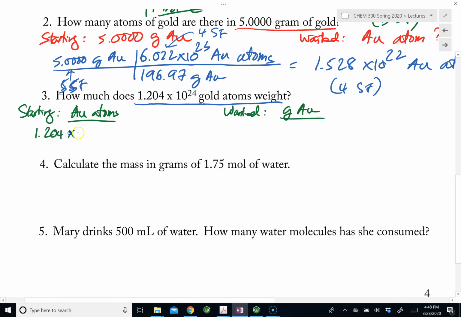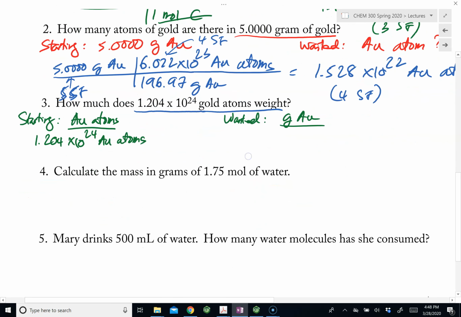So starting from 1.204 times 10 to the 24 gold atoms. And we then see that for every 1 mole of atom, there will be 6.022 times 10 to the 23rd gold atom in it. So therefore, we can write the following. 6.022 times 10 to the 23rd gold atoms equal to 1 mole of gold.